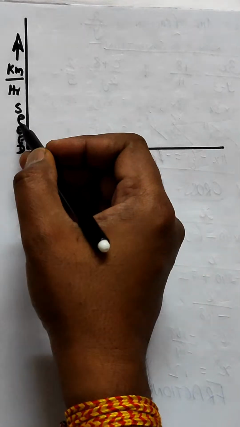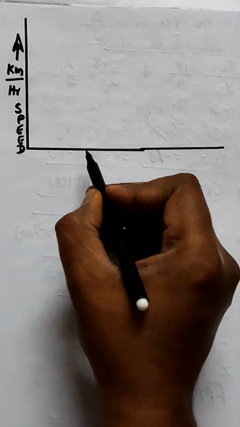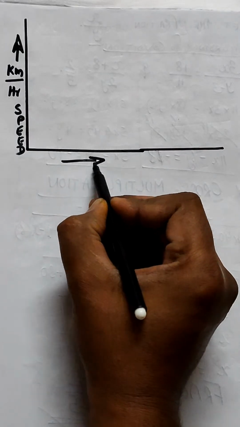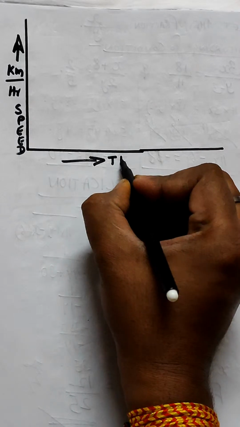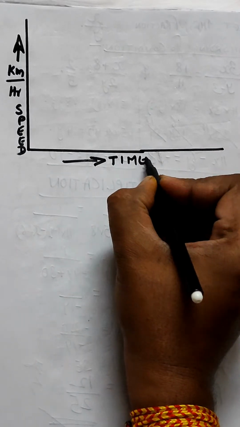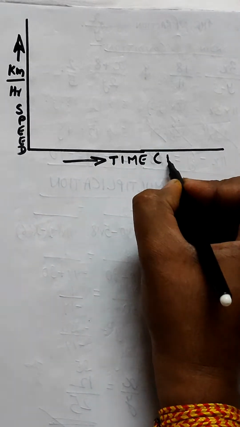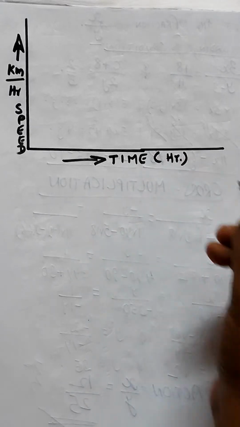Now after this, on the x-axis we have time, right? The unit of speed is kilometer per hour, and here we have time in hours, right? So into this graph, what is shown to you needs to be understood.